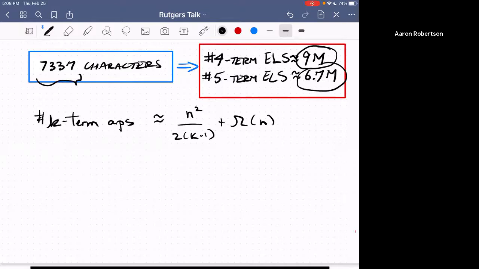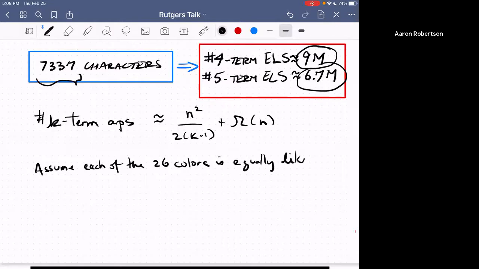Okay, so let's assume each of the 26 colors is equally likely. This is not the best assumption, because we know that the letter Z is not as likely as the letter N, for example.